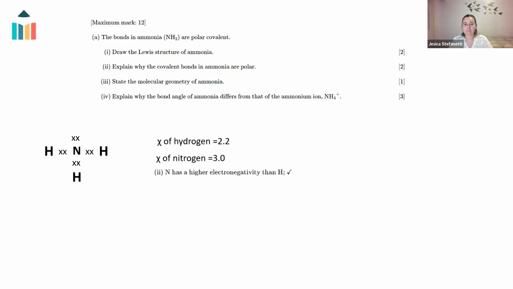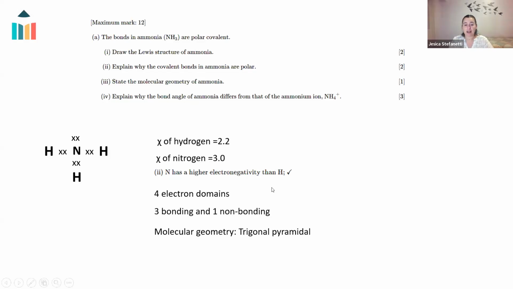Now, if we have to answer the third one, it says to state the molecular geometry, we need to think about the electron domains. Keep in mind that here, around the nitrogen, we have 4 electron domains. 3 of those will be bonding and 1 will be non-bonding. If we just identify that, the arrangement will be classified as trigonal pyramidal.